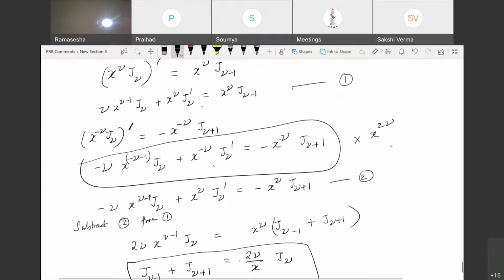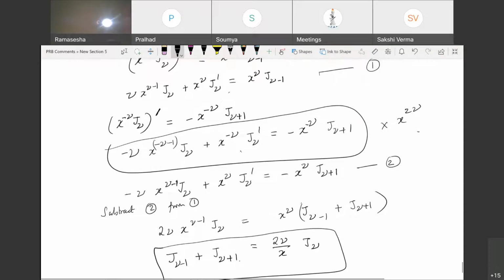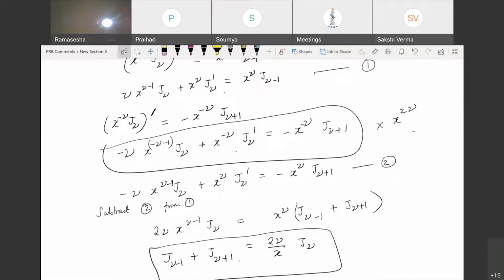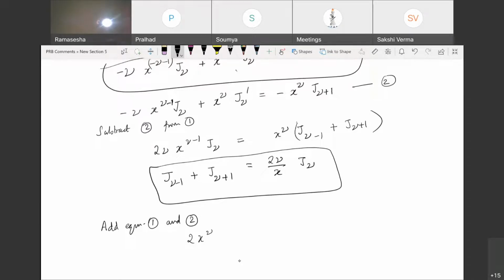And what happens? So if I, what I will get, this term plus 2x J nu is equal to J into J nu, cut down.